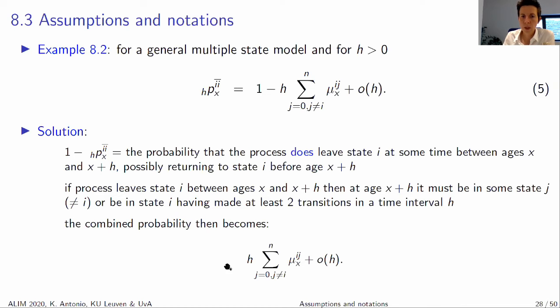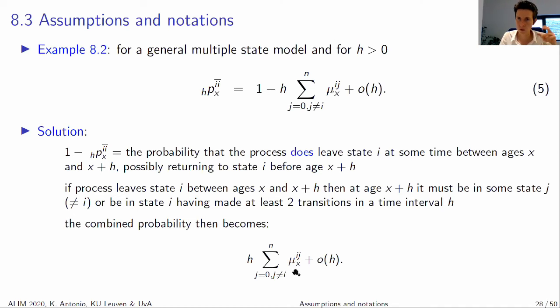Yeah. So the probability to do the first thing, so the probability to make this transition from i to j in an interval of length h, that would be h p x ij, right? But about h p x ij, we said, yeah, that's approximately equal to h multiplied with my force of transition.